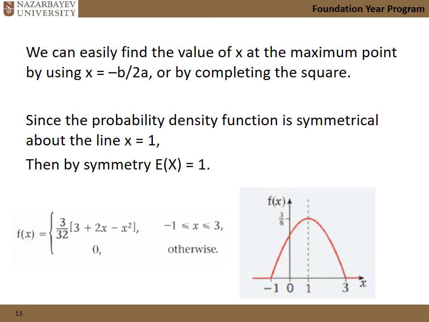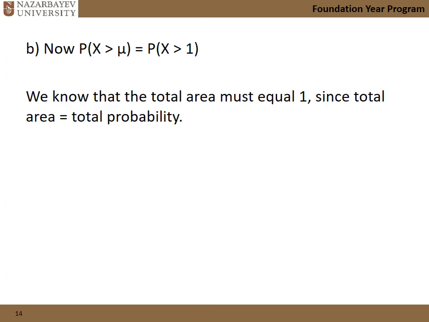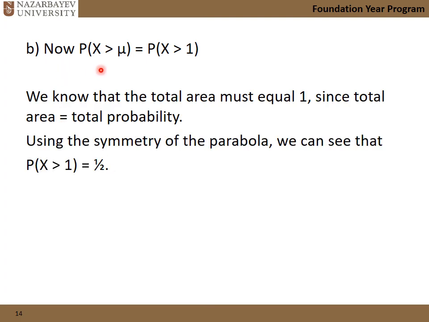Let's go and solve for the probability. Now let me put the graph in here. Look at the graph. We know mu is equal to 1. You could verify this by using the integral, as we did in example number 1. And this function, the red one, is the PDF itself. The area under this curve must equal 1.